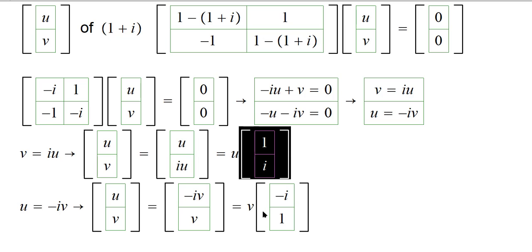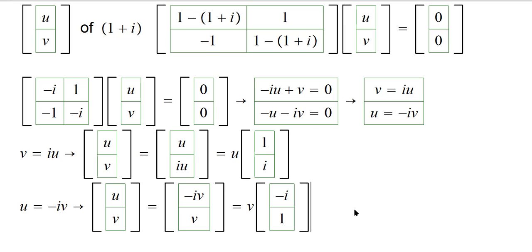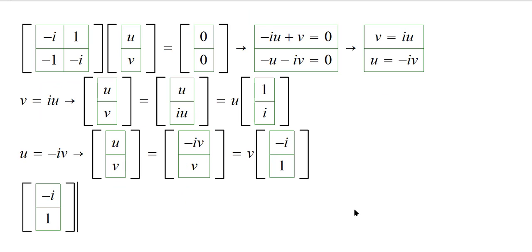But notice that this vector and this vector are just multiples of each other. Why? Because if you take this vector and multiply it by i, then what do you get?